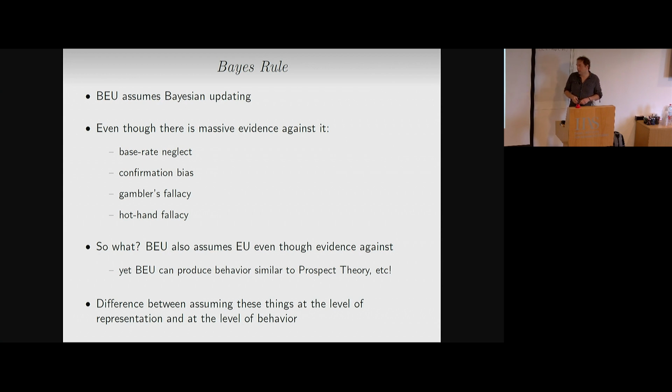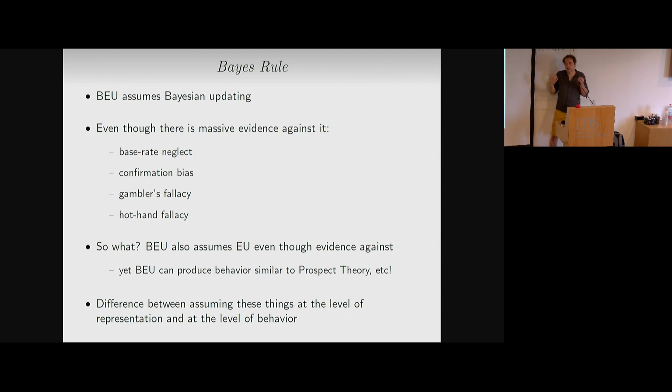And in fact, this model, as Mike was trying to convince us yesterday, is pretty good at explaining things from psychology like prospect theory. So the difference is that we're doing this at different levels. One is explicit, one is implicit. One is the primitive, these are probabilities that people state, and Bayesian expected utility is at the level of the representation.